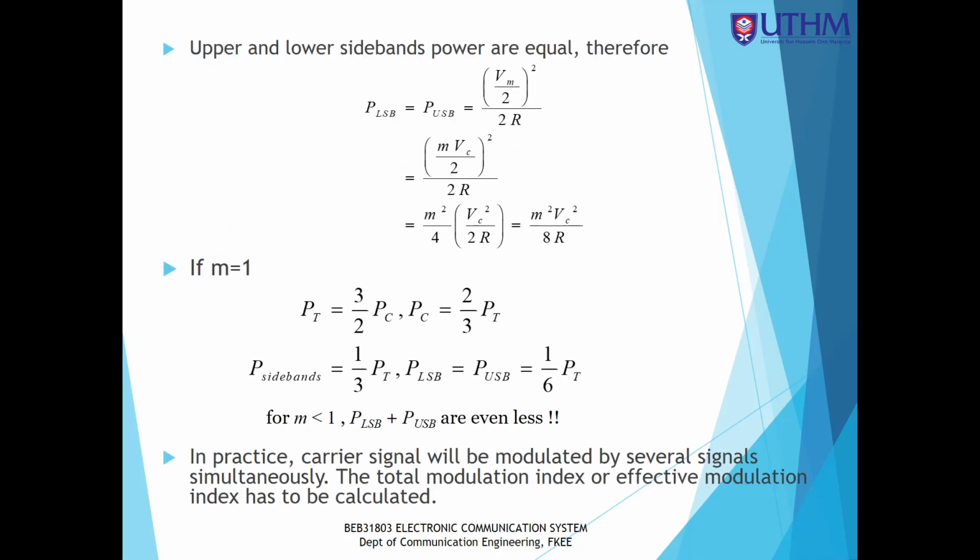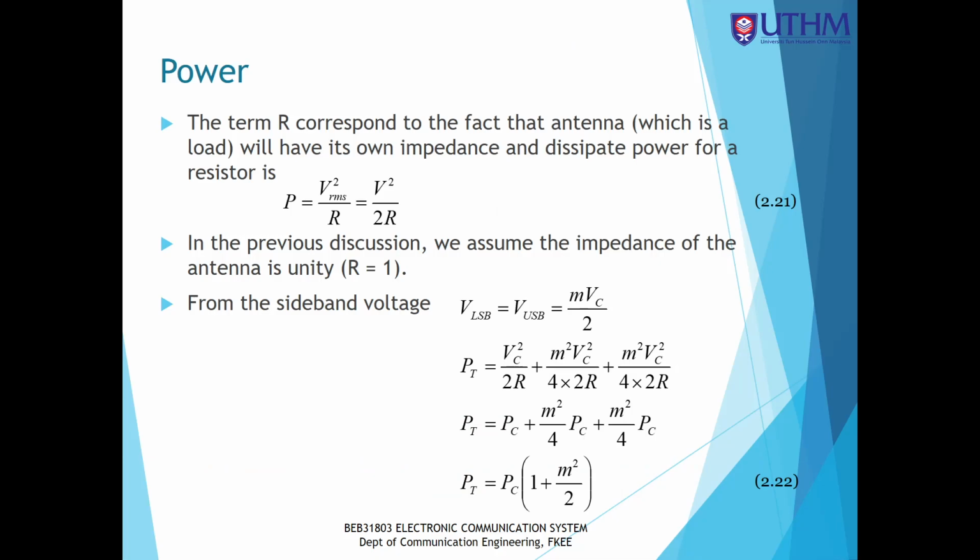Maybe before we proceed, we can refresh what we learned from the previous week. Last week we learned about the power calculation for AM. The AM that we learned previously is about double sideband full carrier.